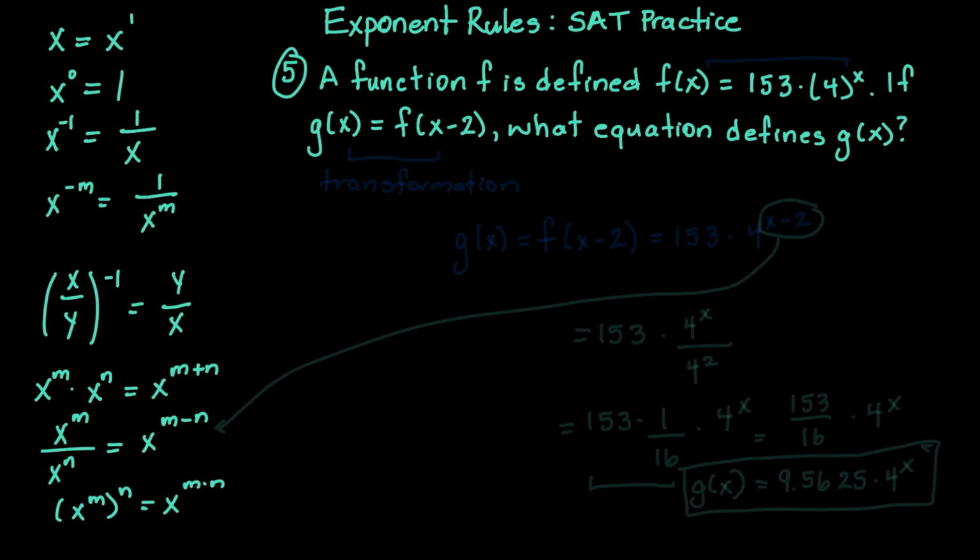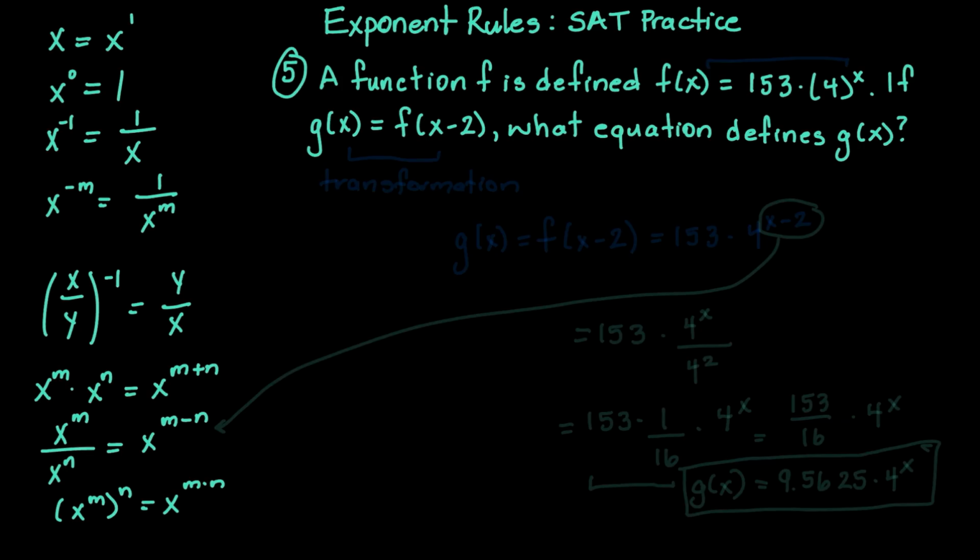Example 5 looks a little bit more like what you'll actually see if you're taking the SAT. A function f is defined, f of x equals 153 times 4 to the x. If g of x is equal to f of x minus 2, what equation defines g of x?